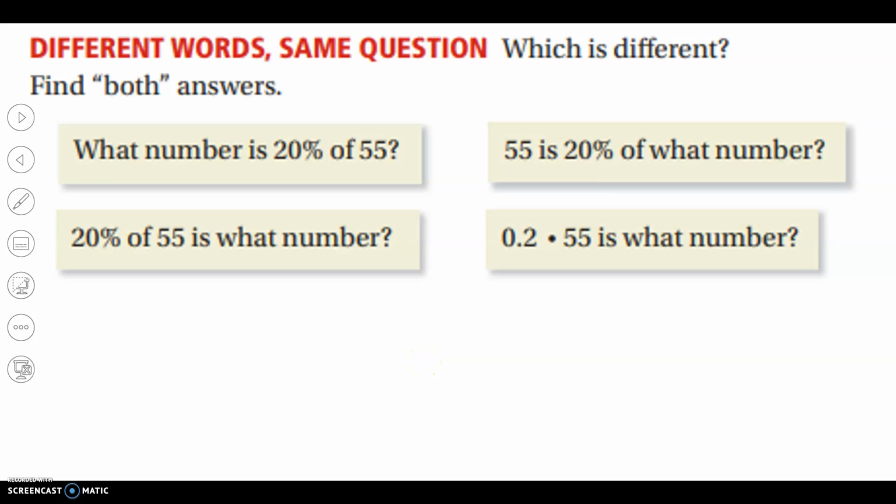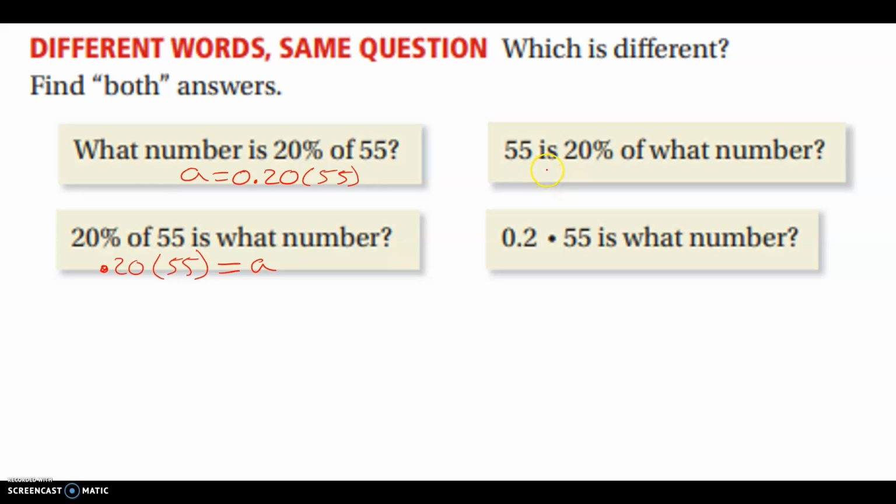Which one is different? Let's set these up. What number is 20% of 55? That one would be A equals 0.20 times 55. This one would be 0.20 times 55 is equal to what number?